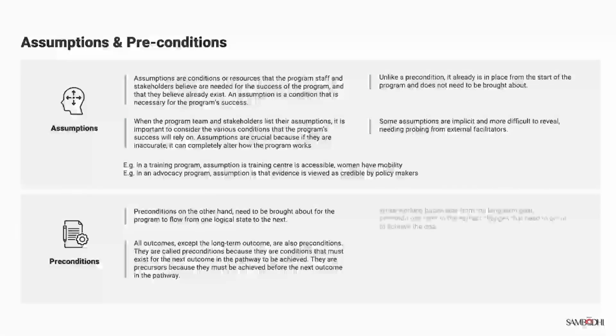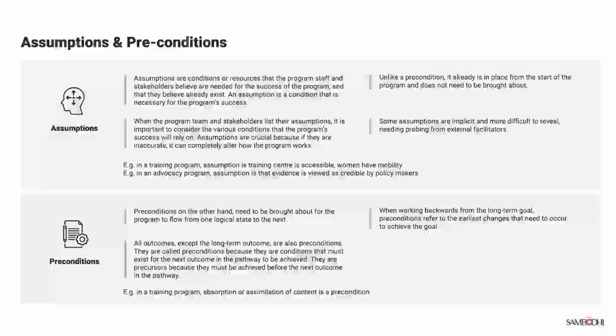Preconditions, on the other hand, need to be brought about for the program to flow from one logical state to the next. When working backwards from the long-term goal, preconditions refer to the earliest changes that need to occur to achieve the goal. All outcomes except the long-term outcomes are also preconditions. They are called that because they are conditions that must exist for the next outcome in the pathway to be achieved.